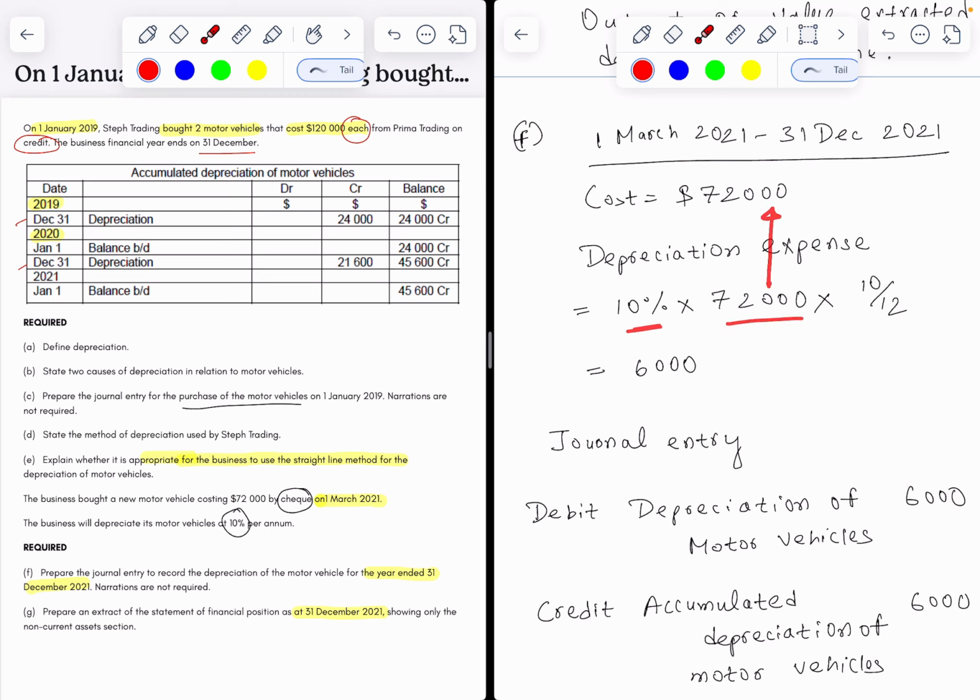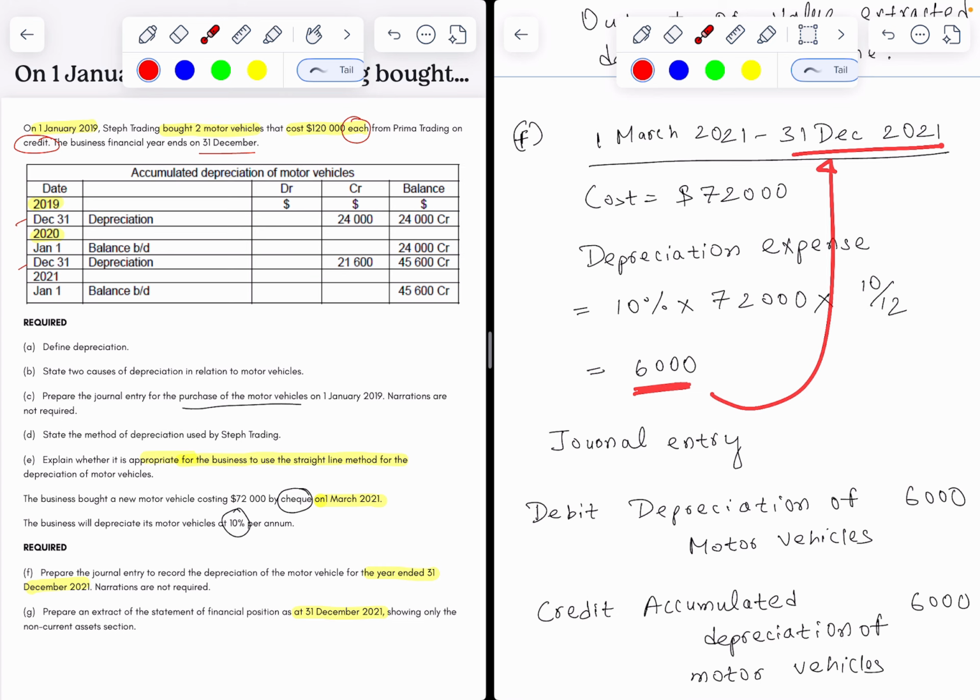All right. Now we understand that the 10% in itself is an annualized rate. And we also understand the asset was in use for 10 months. Therefore, we will convert this annualized rate into a 10-month rate by multiplying with 10 over 12. So that takes care of all the adjustments that are required. Which gives us a depreciation expense of $6,000 for this new asset for the year ended 31 December 2021.